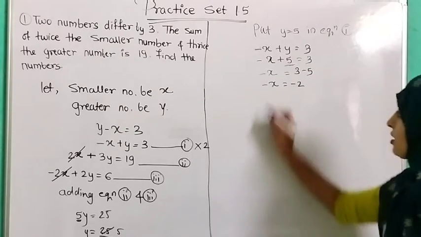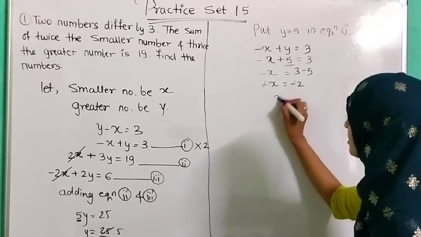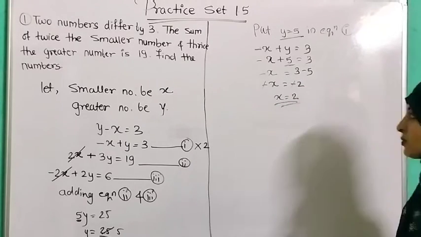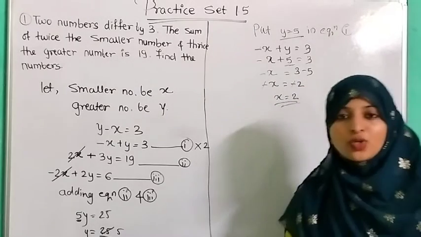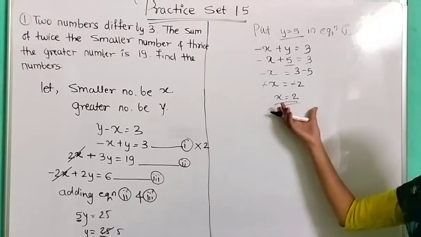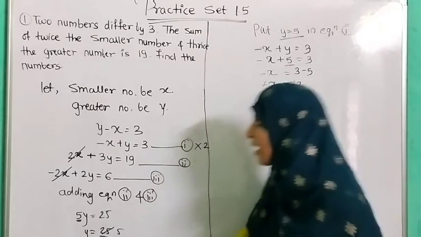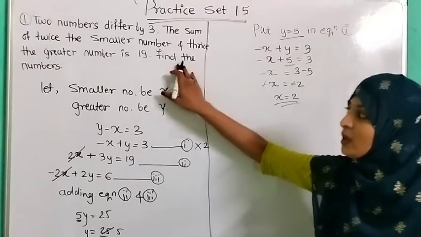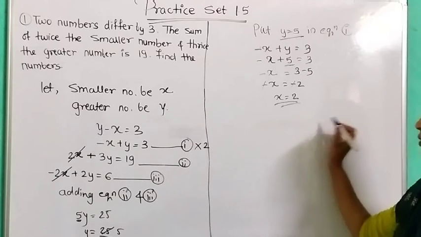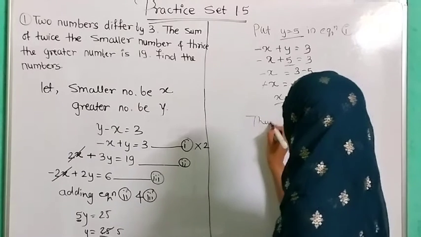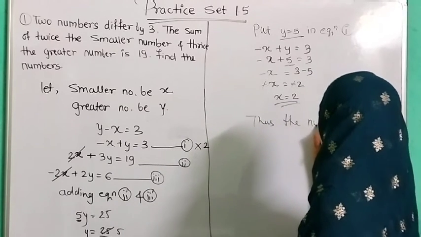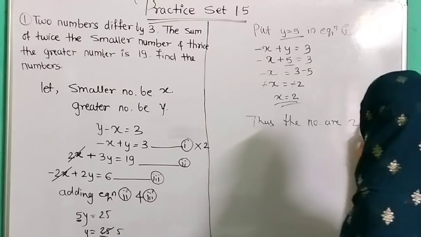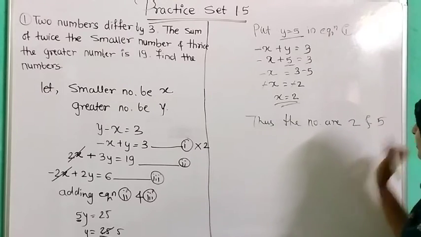The minus signs get cancelled. x is equal to 2. We get the value of x is equal to 2 and y is equal to 5. So we found the numbers. Thus, the numbers are 2 and 5.